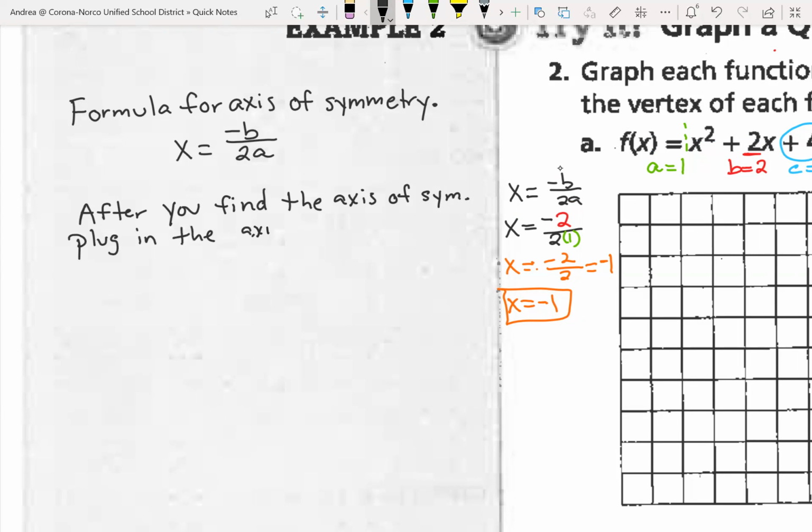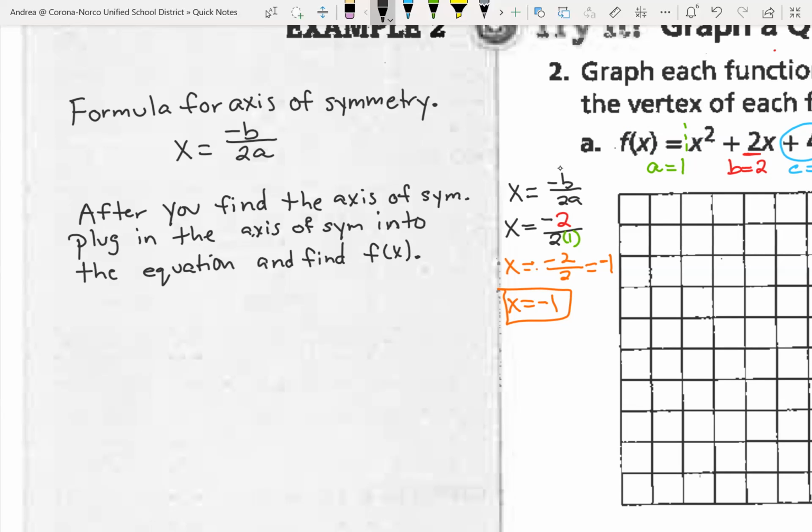Plug in the axis of symmetry into the equation and find f of x, or the y value.